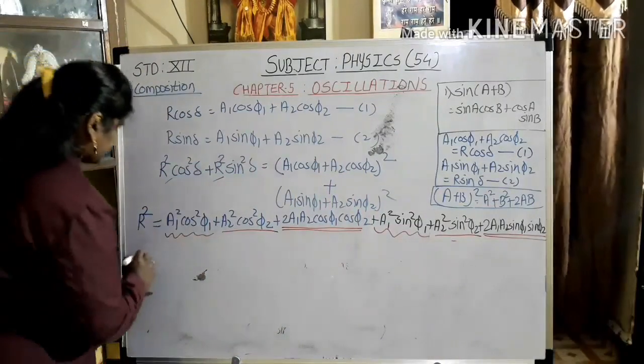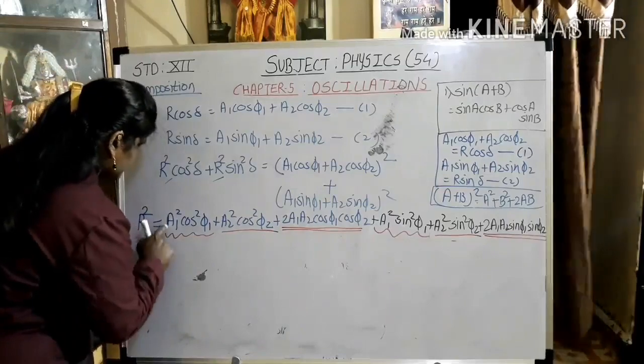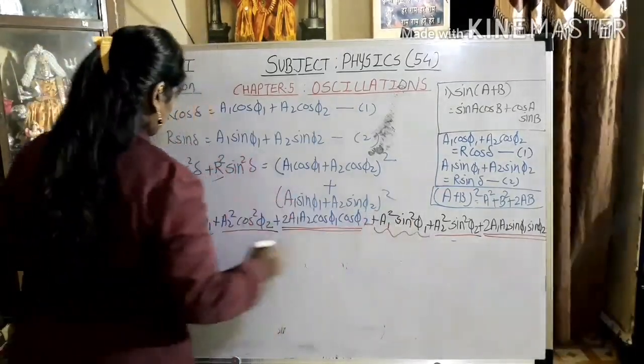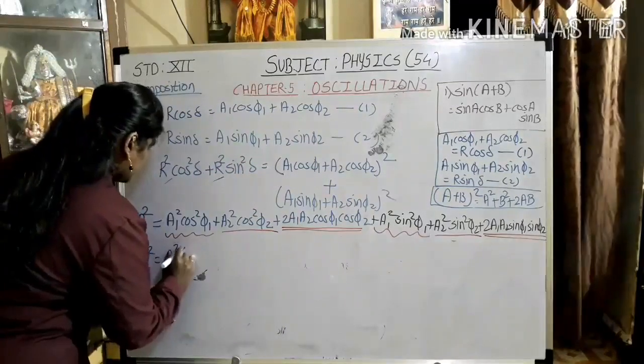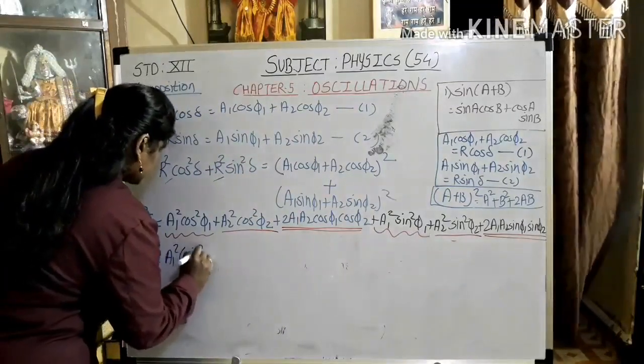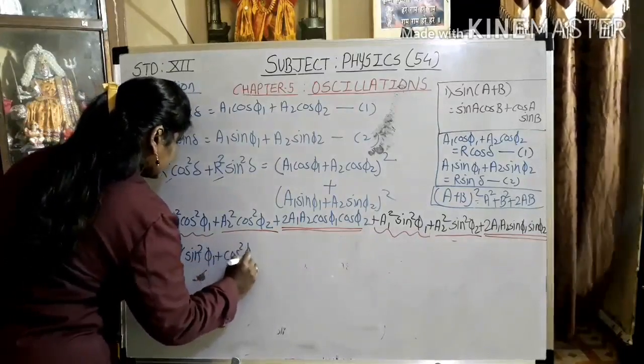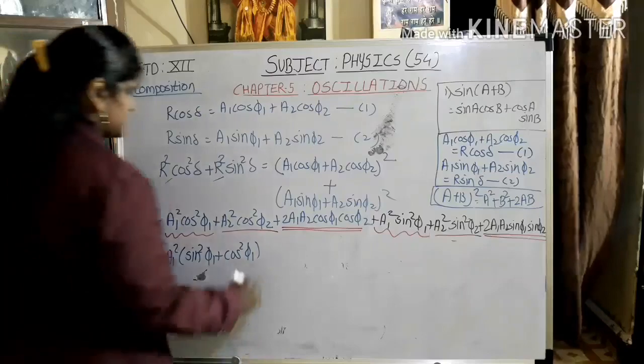So what will I get? R square is equal to, by taking a1 square common from this and this term, a1 square into bracket sin square phi 1 plus cos square phi 1. Is it right? Yes.